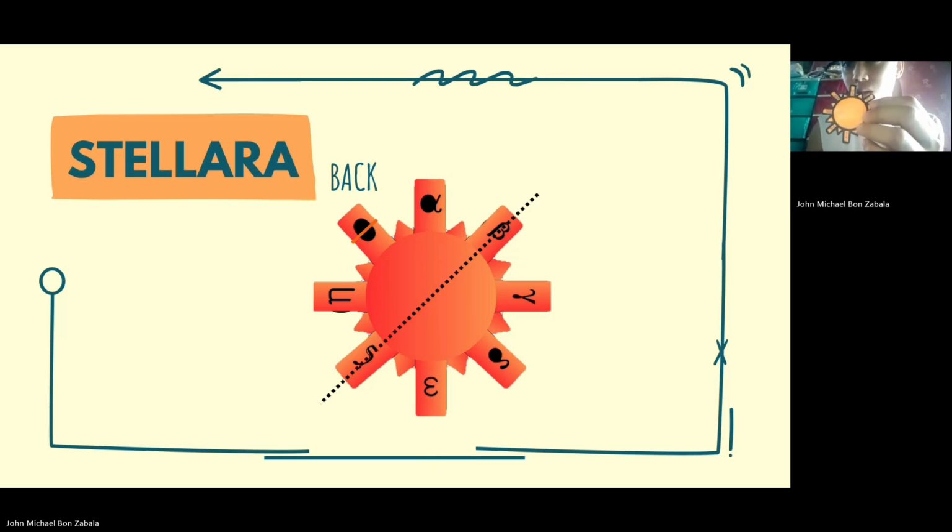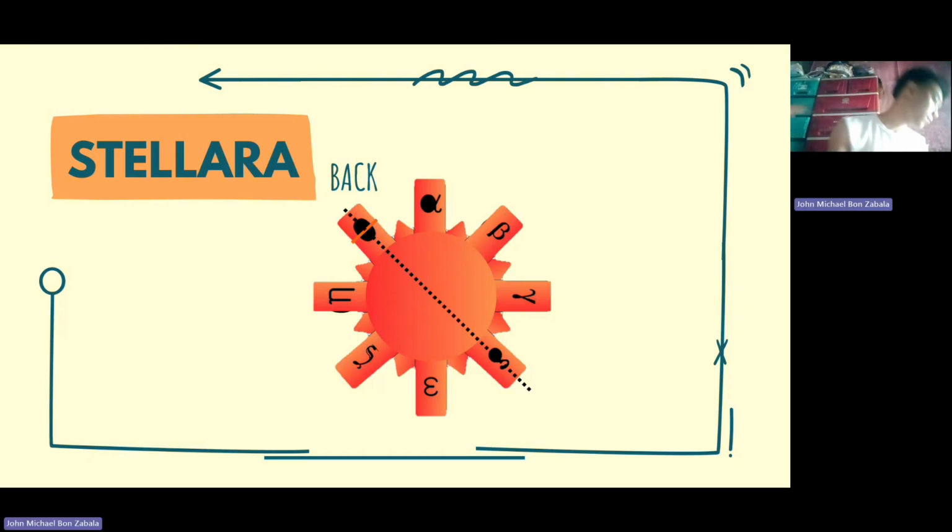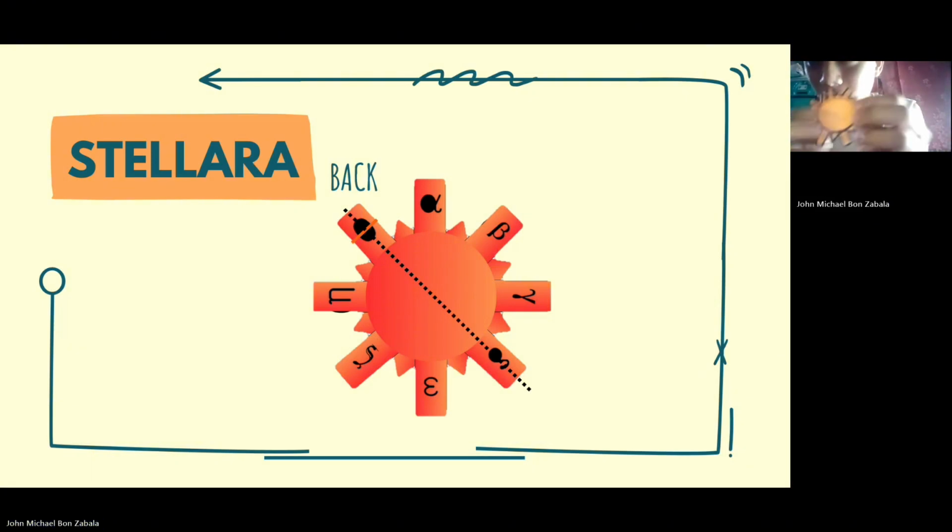So, next. Pag sa zeta po, yung movement po ng zeta natin will become like this. Ganon po siya. So, sa zeta po, parang ganito po siya sa model.